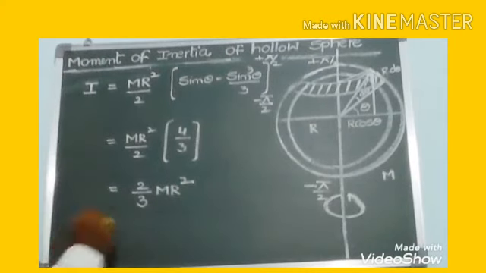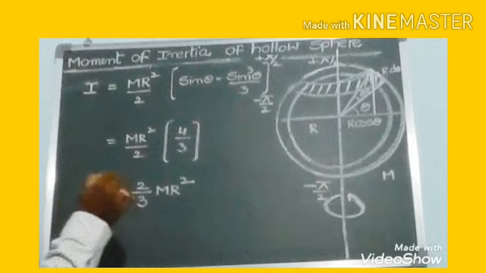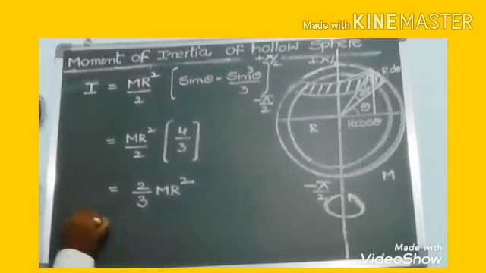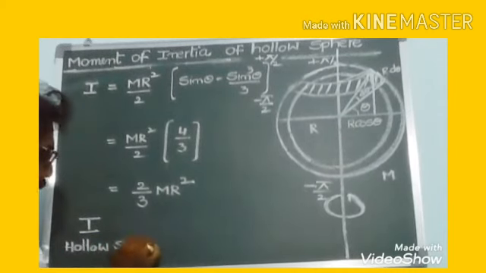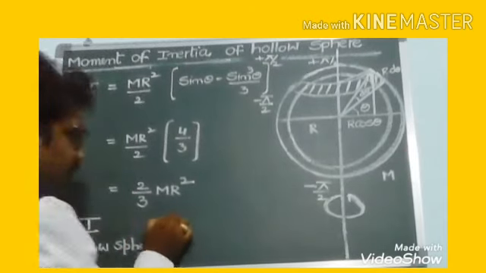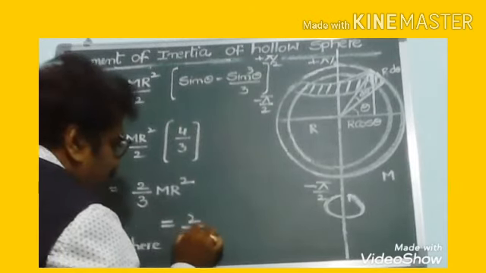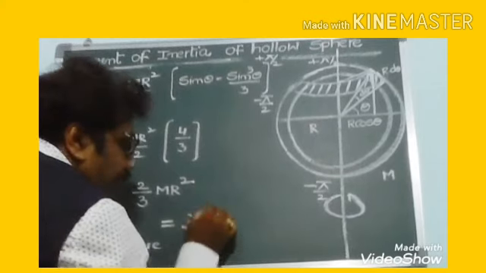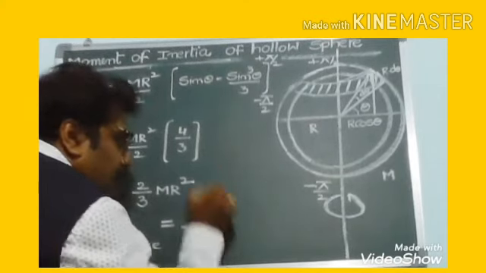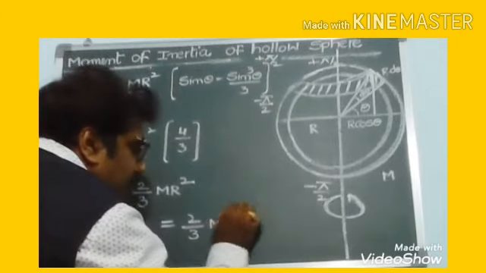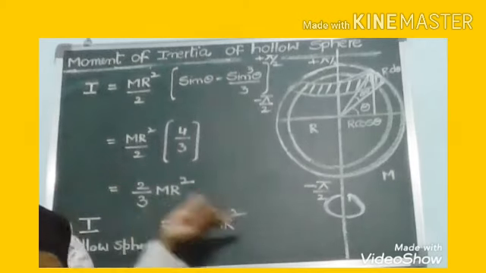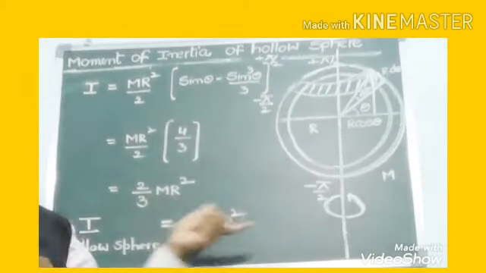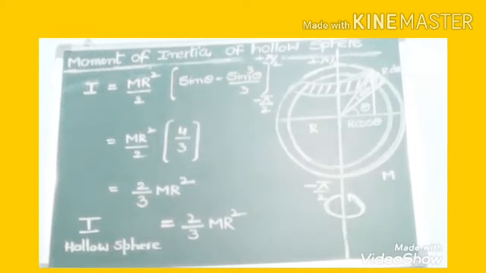So this is the moment of inertia of a hollow sphere. The formula is 2 by 3 mr square, where m is the total mass, the bulk mass of the hollow sphere, and r means your radius, of course the perpendicular distance to the axis of rotation. So 2 by 3 mr square.